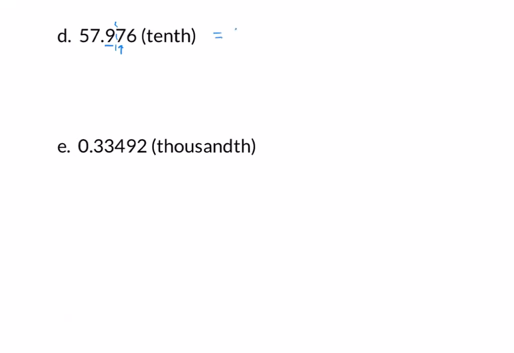So we get, instead of adding 1 onto 9, I'm going to add it onto 79. And we get 80. I still have my decimal point. I discard the digits to the right. My final answer is 58.0.